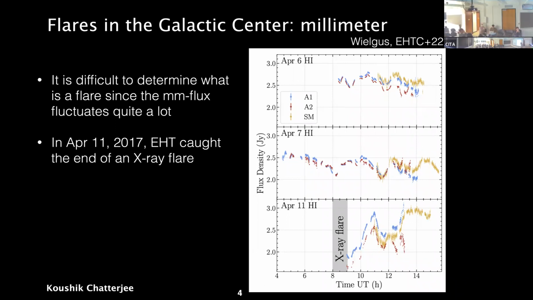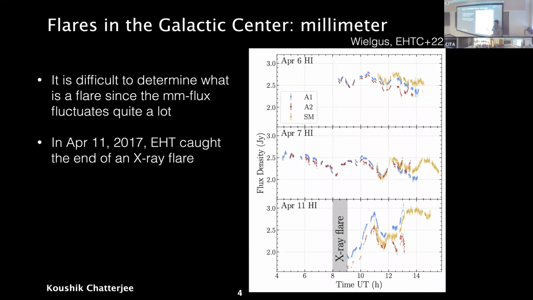Now, on April 11, 2017, there was an X-ray flare right before the EHT started observing, which was excellently bad, because we didn't know what the submillimeter was doing during the X-rays and whether these two were related or not. But it did start observing right at the end and found that the submillimeter flux sort of increased.